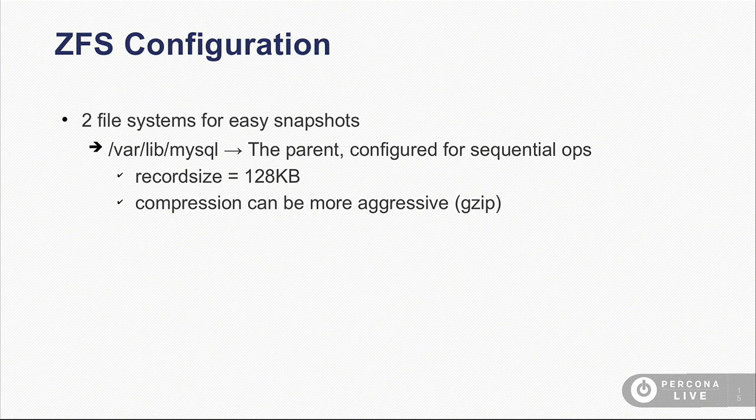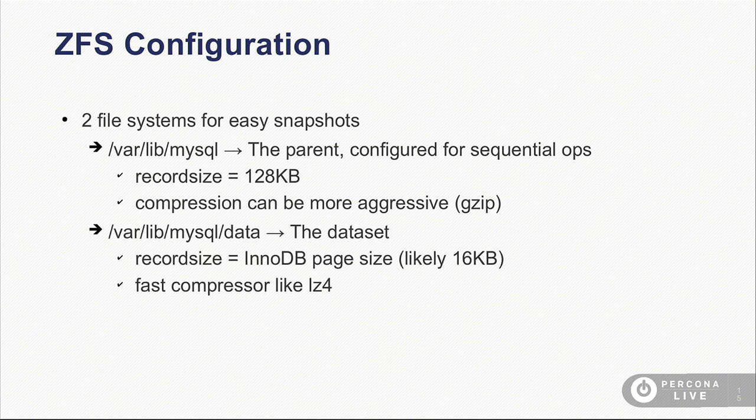The first one is var/lib/mysql, the parent, the basic one. You configure that one for sequential I/O, so use a record size of 128K. You compress with something like gzip, so compression will be very good, since it's a big block to be compressed.